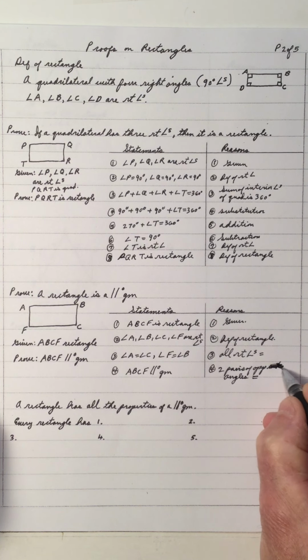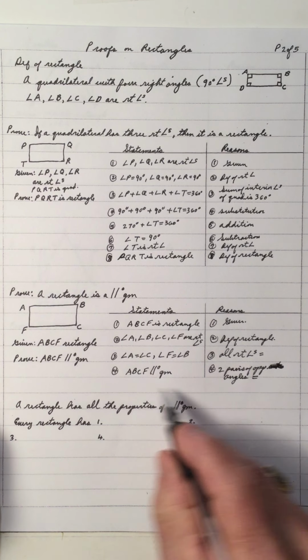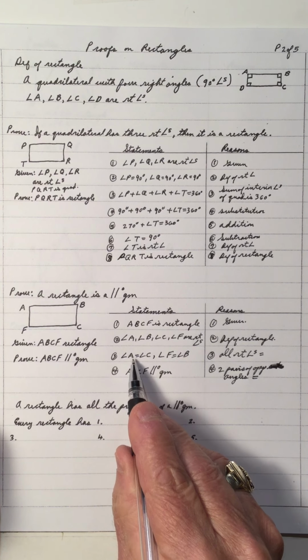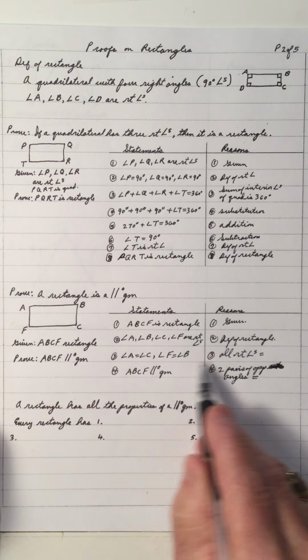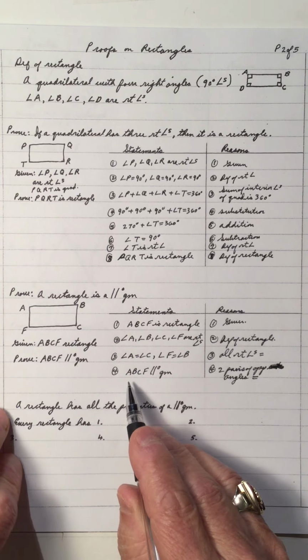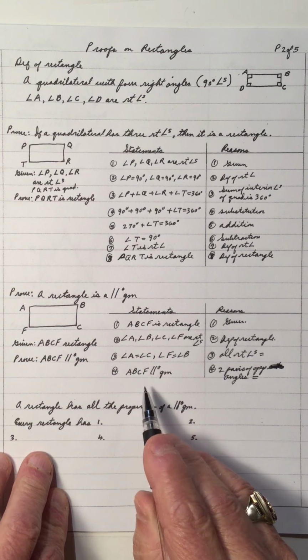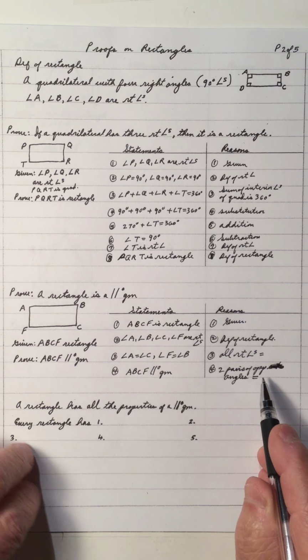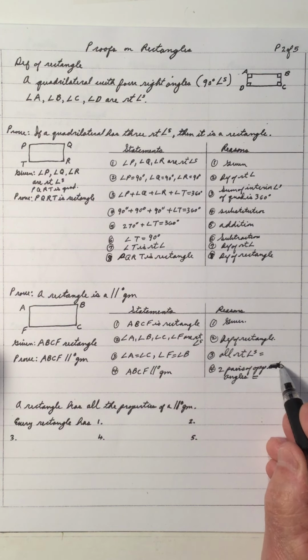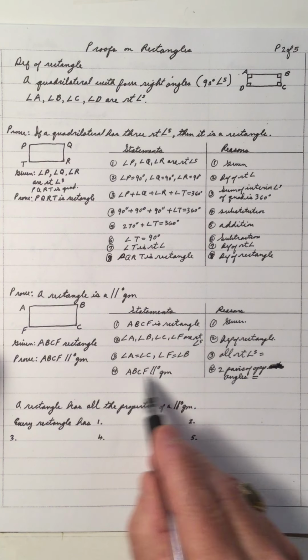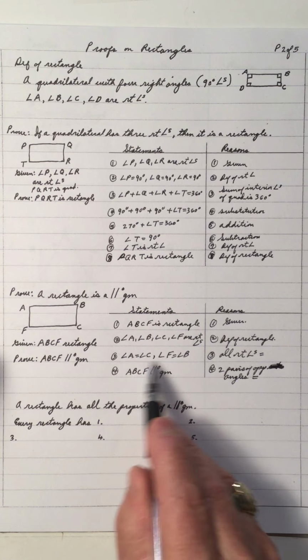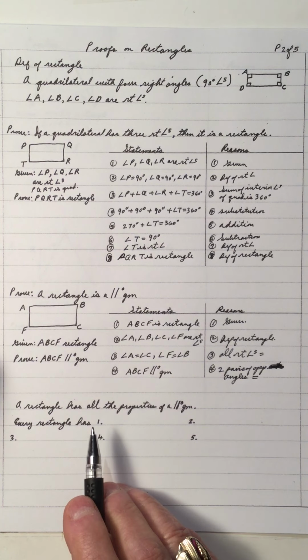What am I saying sides for? Sorry about that. Two pairs of opposite angles equal. Angle A is equal to angle C. Angle F is equal to angle B because they're right angles. So ABFC is a parallelogram. Two pairs of opposite angles equal, not sides. The sides are equal too, but right now we proved it with angles.